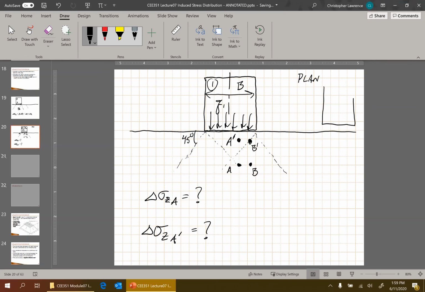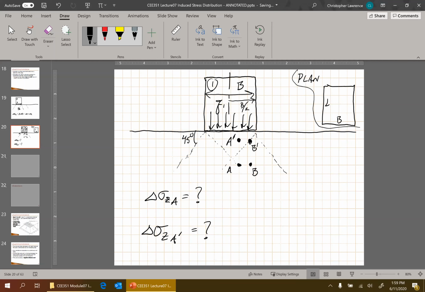B is the width, L is the length of this rectangular structural footing, okay? So the distance away from the center line to the edge is B over 2, right? And so the maximum distance from the center line to the edge is B over 2.